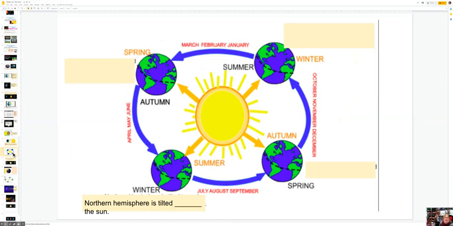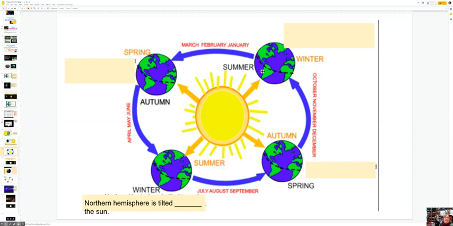Okay, now, kids, on this picture, I want you to fill in these little text boxes. Kids, notice on here, we have the northern hemisphere, and it's the exact opposite of the southern hemisphere. So when we're experiencing winter in the northern hemisphere, kids, you are right about here.